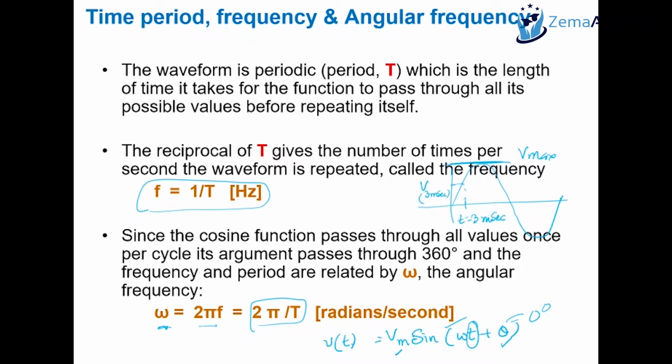So that's the instantaneous value, isn't it? At 5 milliseconds, do you know what it is? The whole thing is 20, half of it is 10. At 5 is where the sine 90 occurs, which is the maximum value. So at 5 milliseconds, the instantaneous value will be the same as the maximum value.